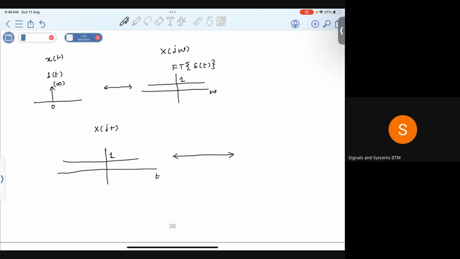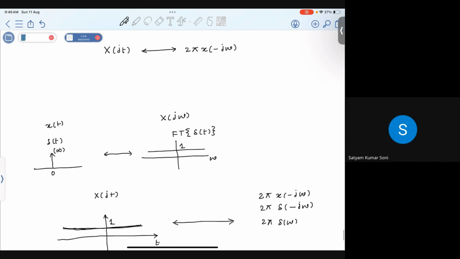The frequency domain representation of the signal is 2 pi times x of minus j omega, which is 2 pi times del of minus j omega. This is the same as 2 pi times del of omega. So the Fourier transform of the constant signal is nothing but 2 pi times del of omega. Is that okay?